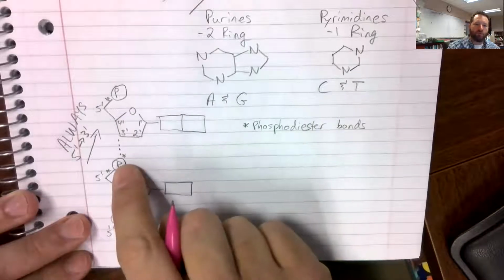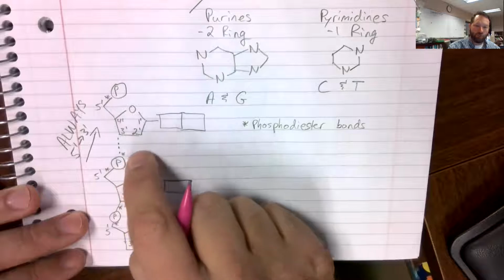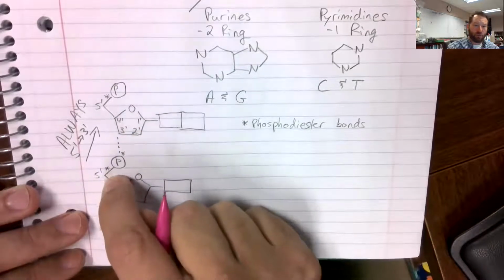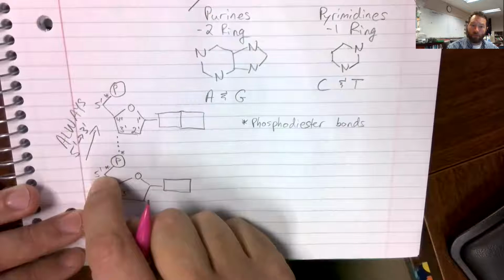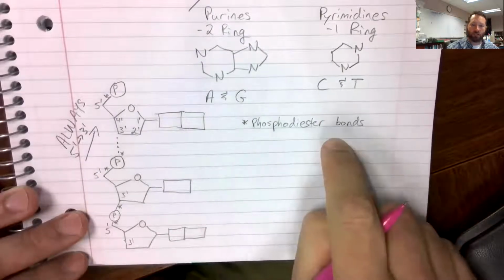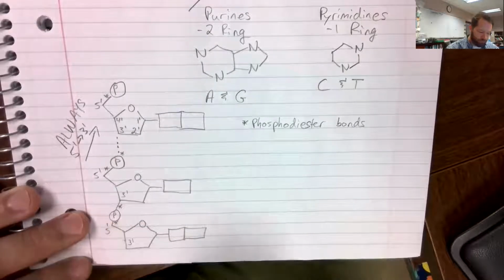This is a special type of covalent bond between the phosphate and the sugar. So between the phosphate and the sugar, we're forming a phosphodiester bond here. Here's a phosphodiester bond. There's again, that's the 5' carbon, the flag of the sugar is linked to the phosphate with a phosphodiester bond. Phosphodiester bond, phosphodiester bond.